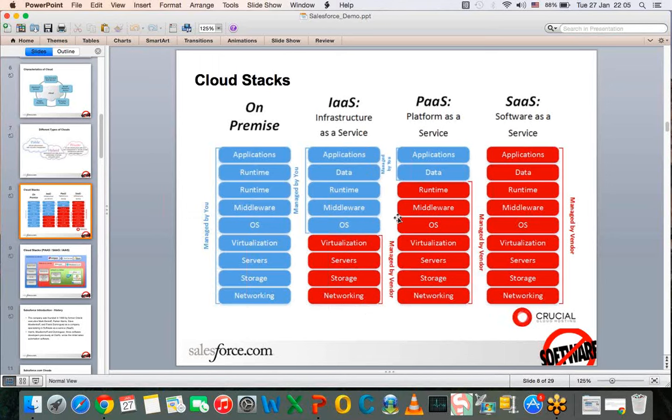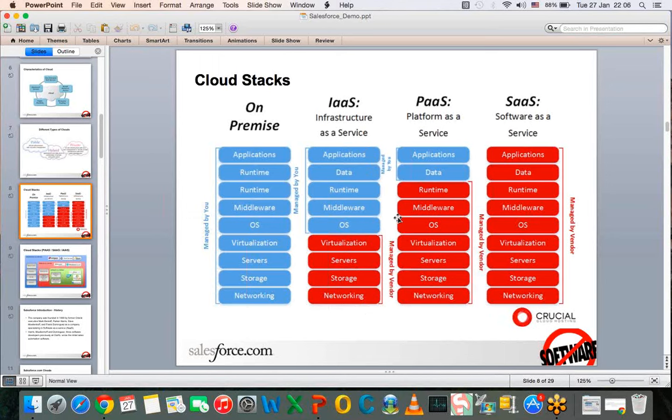Similarly, when it goes to PaaS, that is platform as a service, along with infrastructure, you have the platform, that is operating system, middleware, and runtime as well. So all you are worried about is the data and the application. The best example is force.com, that is Salesforce, which comes under PaaS. It is a platform.